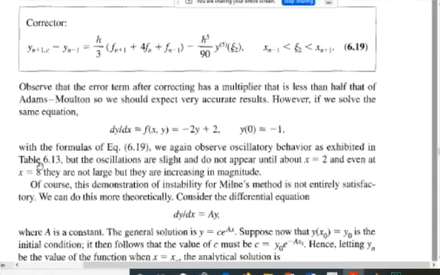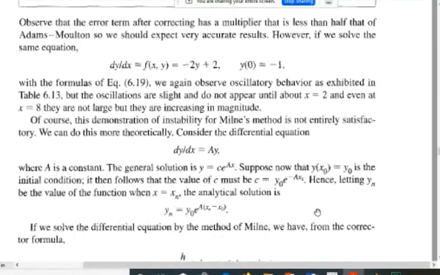Until the point 8 they are not large, but they are increasing in magnitude. We want to further discuss the issue of stability in this case.